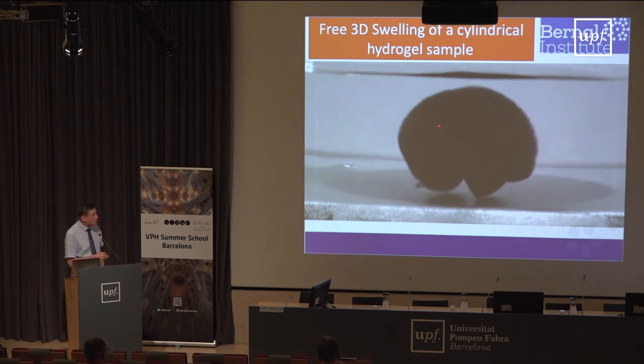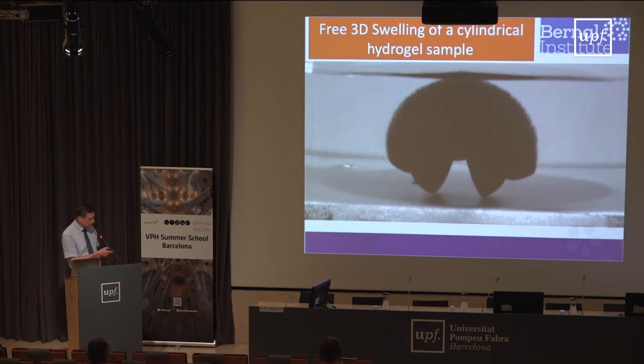It is convex upwards in this plane, and in the plane perpendicular to the picture, it is convex downwards. So we have a kind of saddle shape, and progressively it is swelling.